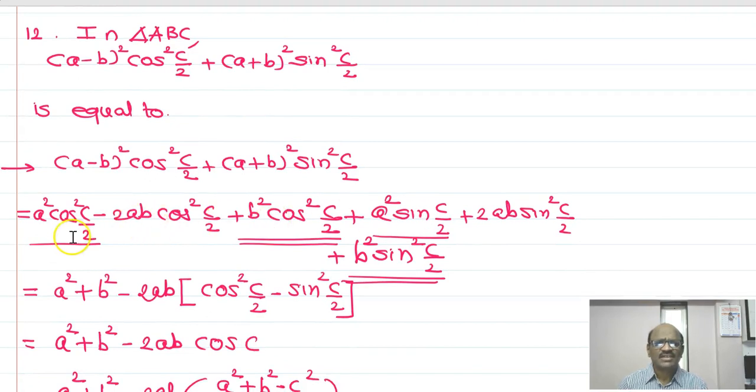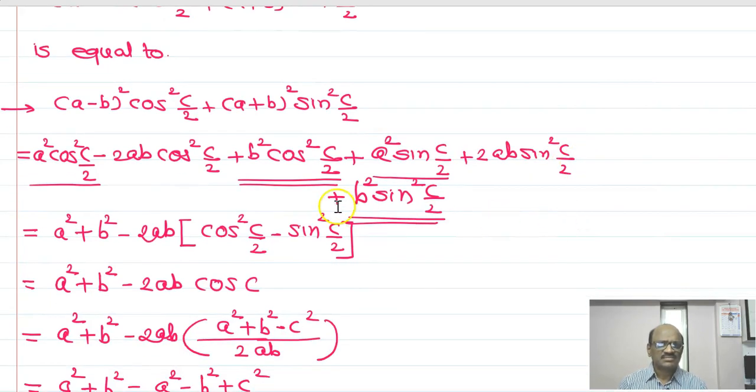First of all, expand (a - b)²: you will get a² cos²(C/2) - 2ab cos²(C/2) + b² cos²(C/2). Again (a + b)² gives a² sin²(C/2) + 2ab sin²(C/2) + b² sin²(C/2).